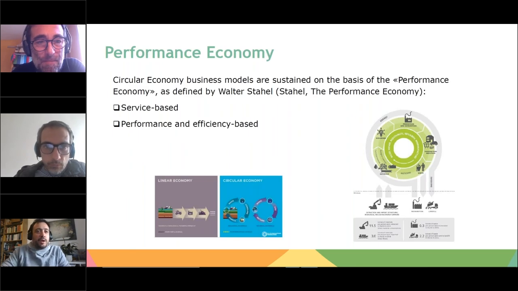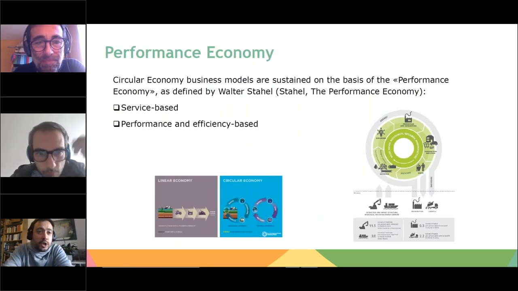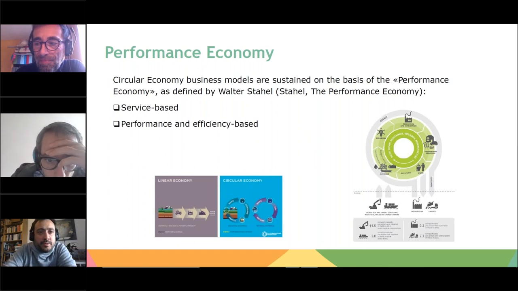So, what is a circular economy business model? Well, this concept arises from the performance economy concept, which started like a decade ago.